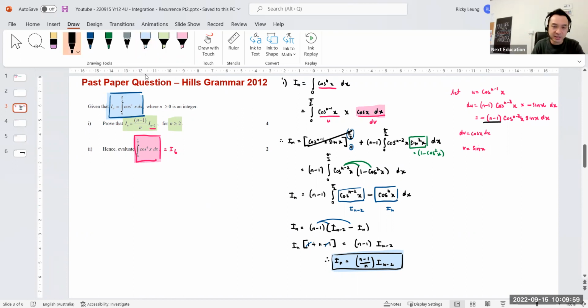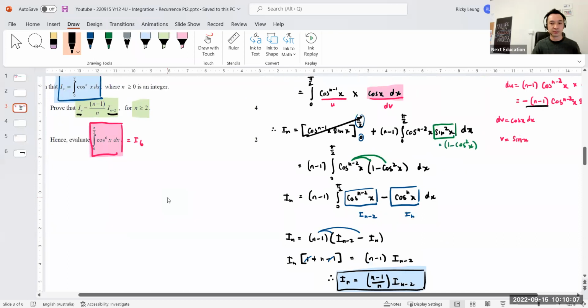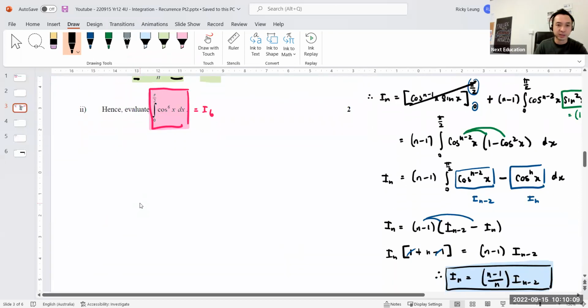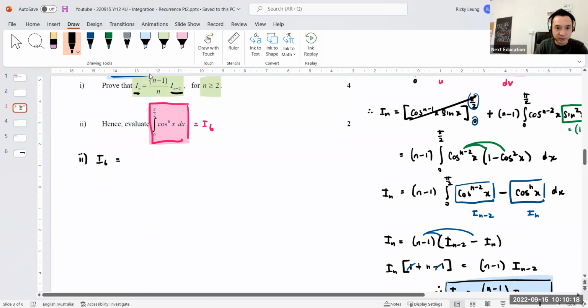Now, I6, generally speaking, I6 feels really high, but if you look at the recurrence, it's going down by 2s, so it shouldn't be that bad. I'm going to do it over here where I can actually see the question. So part 2. I know that I6 equals 5 on 6 of I4, if I sub in n equals 6.